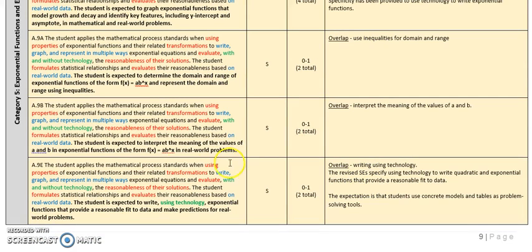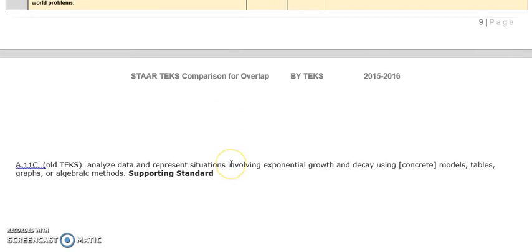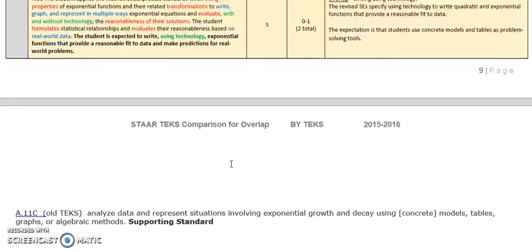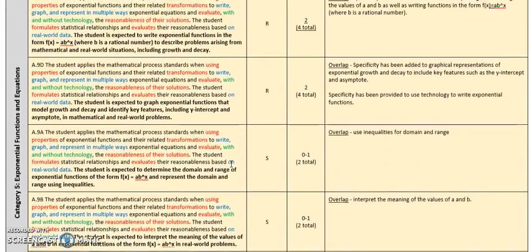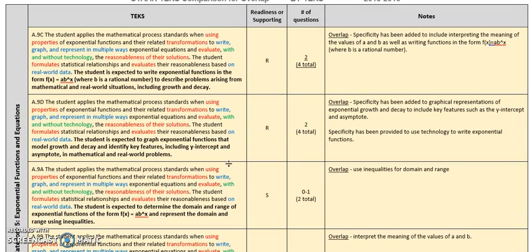Because all of these come from this one TEK. So we need to be careful and make sure that we have given our students plenty of opportunities to experience all of these TEKs in reporting category 5, because where it used to be worth 1 question, it is now worth 6. So we need to make sure that our students have plenty of opportunity to experience that.